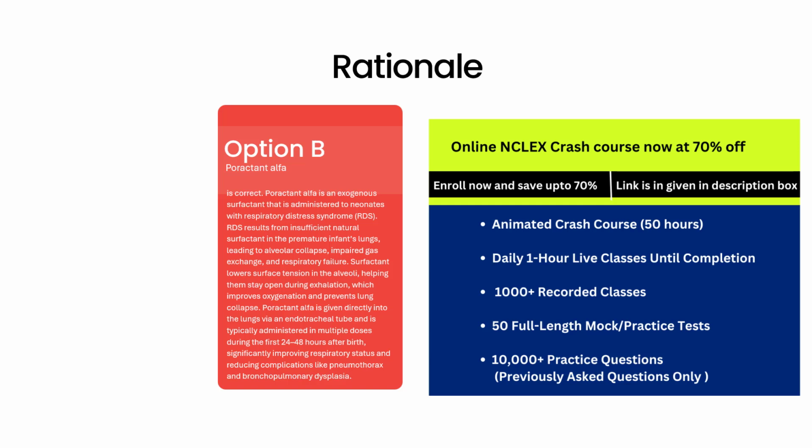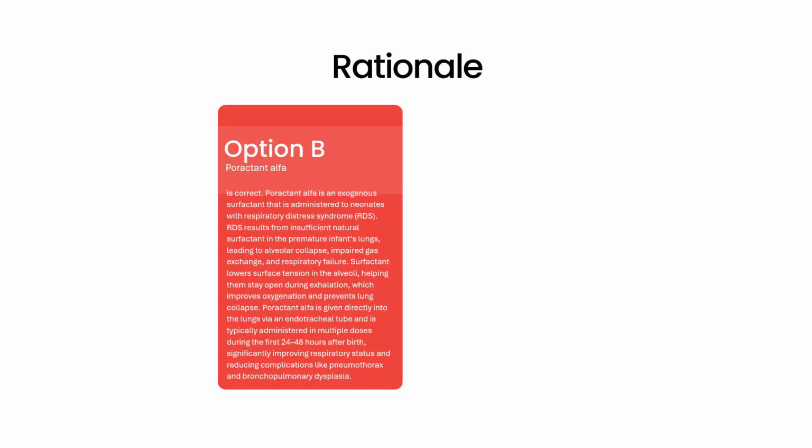Surfactant lowers surface tension in the alveoli, helping them stay open during exhalation, which improves oxygenation and prevents lung collapse. Poractant alfa is given directly into the lungs via an endotracheal tube and is typically administered in multiple doses during the first 24 to 48 hours after birth, significantly improving respiratory status and reducing complications like pneumothorax and bronchopulmonary dysplasia.